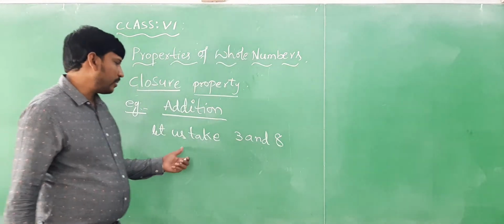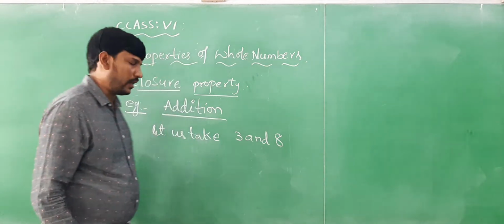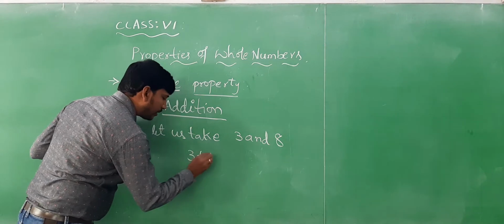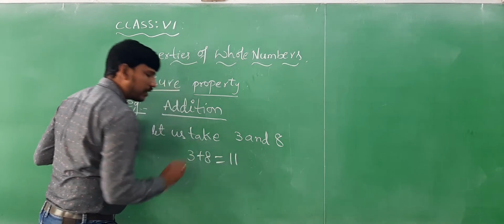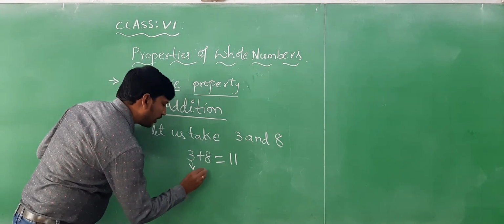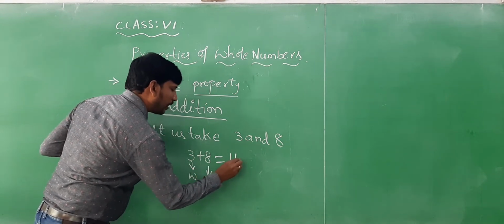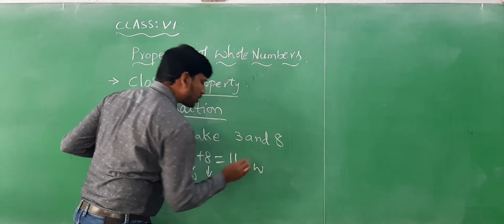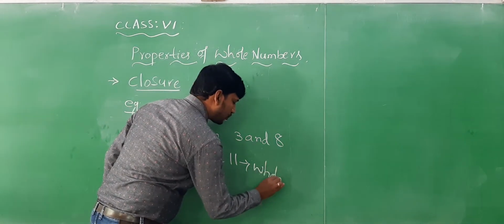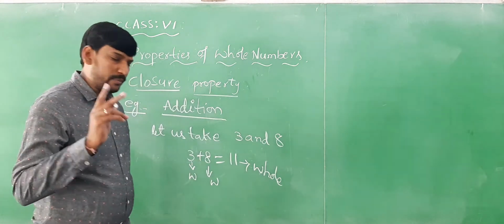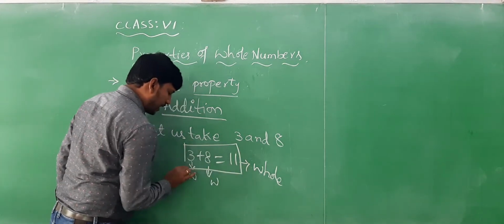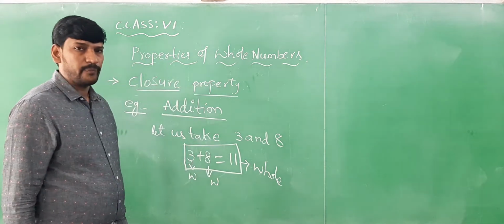Now you just add these two numbers. What do you get? 11. See here, 3 is a whole number, 8 is a whole number, and 11 is also a whole number. So by adding two numbers, we got a result that is also a whole number.